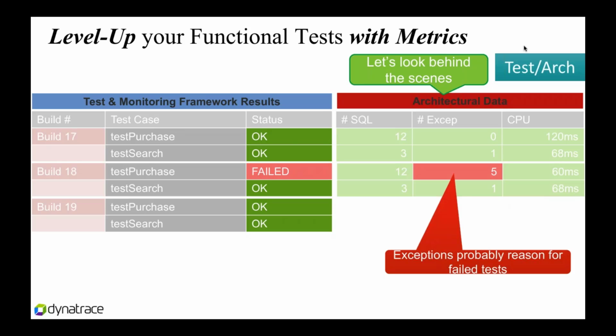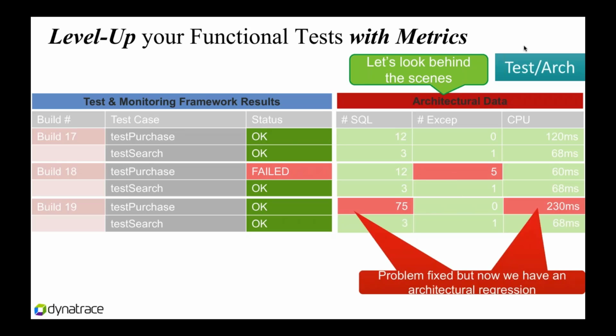Then when build number 19 was pushed, even though from the performance and load testing point of view it may look good, if you look behind the scenes using Dynatrace, you can immediately find out that this build should not be pushed into QA, because somebody has checked in code that is now making a lot more database calls, like 75 SQL calls instead of 12.